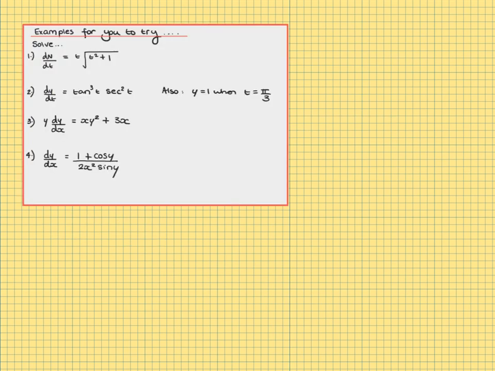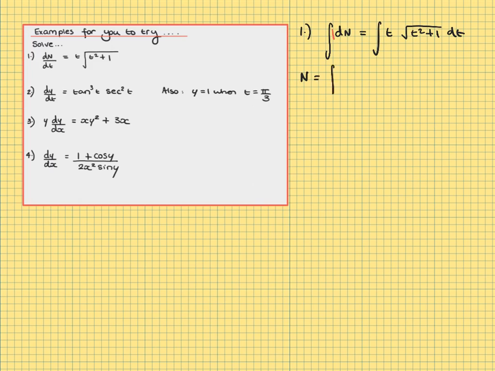So question 1, first of all, we'll have a look at it up over here. So this is going to give us the integral of dn equals the integral of t square root t squared plus 1 dt, and if you want you can write a 1 in front of the dn here if it helps. So the left hand side simply integrates to n.